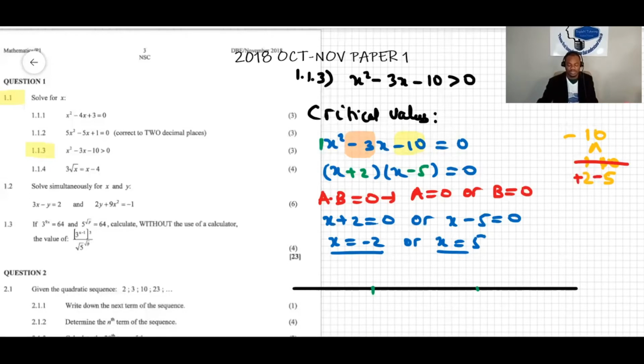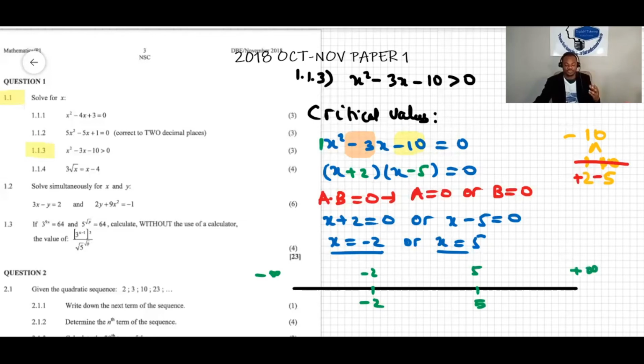So I cannot start with positive 5, but negative 2 and 5 there. Then we split our number line into 3 intervals, from negative infinity to negative 2, from negative 2 to 5, and then from 5 to positive infinity.